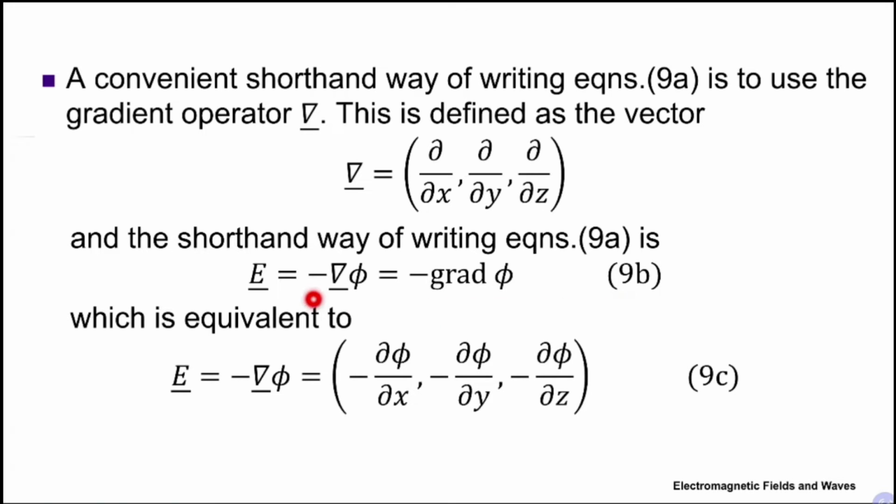That leads to these equations here, which are the gradients of the potential. In vector calculus, the electric field E equals minus the gradient of the electric potential.